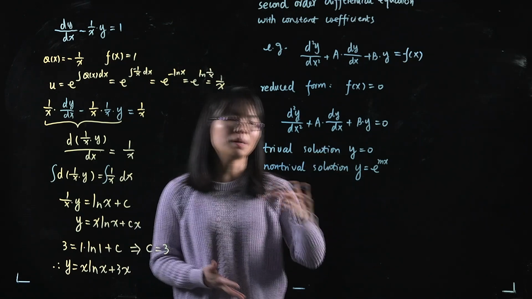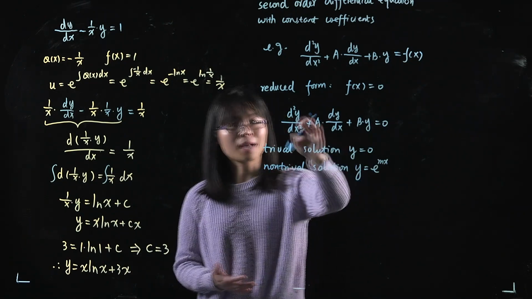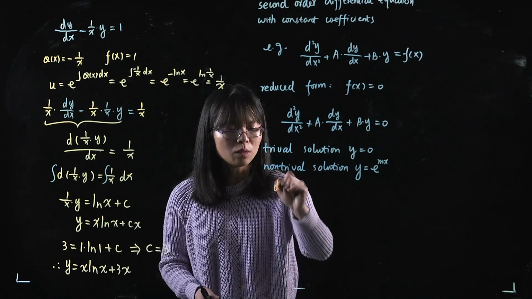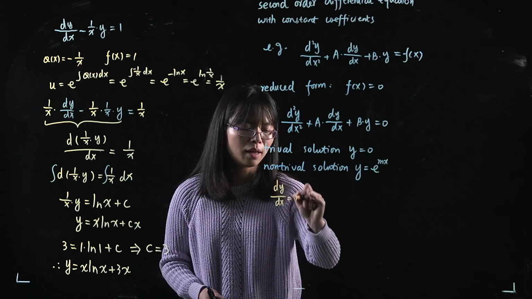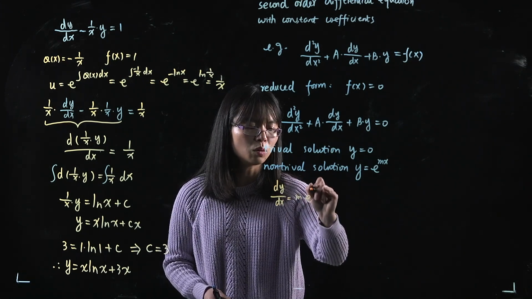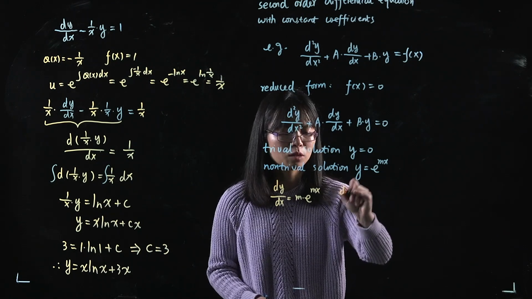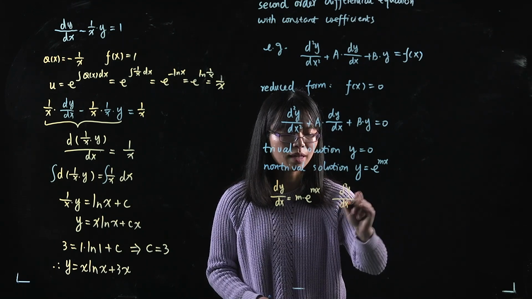Okay, so how about we plug y equals e to the mx back into the original equation. Let's see. So dy over dx should be m times e to the mx, right? This is the differentiation we have done many times in the previous lecture.